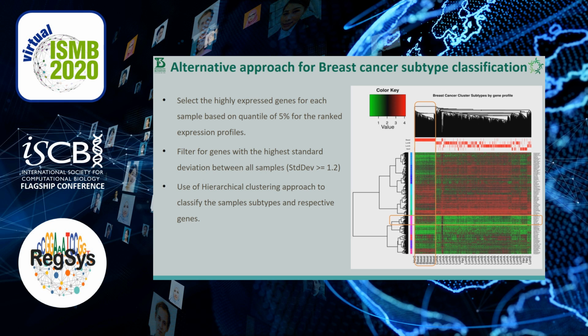In this picture we can see the classification and comparison between the AIMS and our approach. For the TNBC samples, we can see in this orange column box a very good separation, and in this orange box in the line we can see probably a very good set of genes related to TNBC.